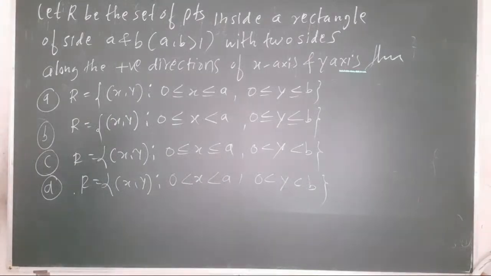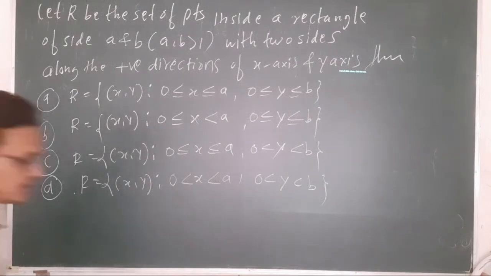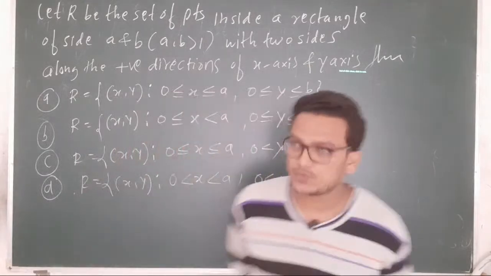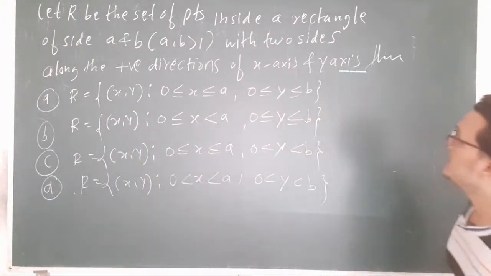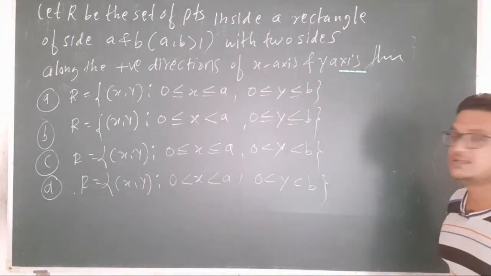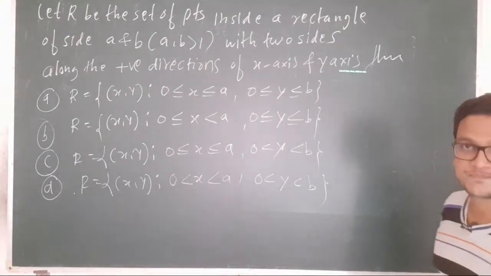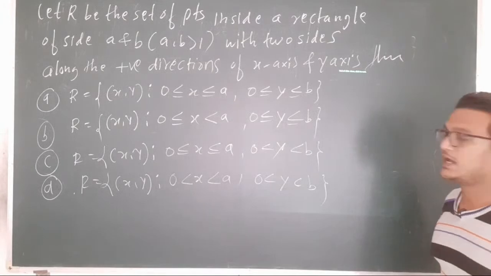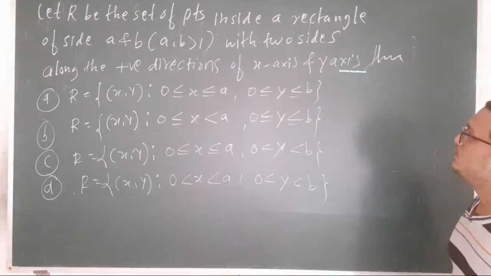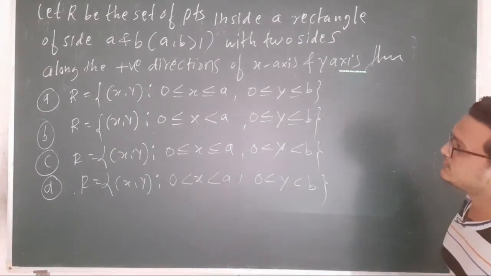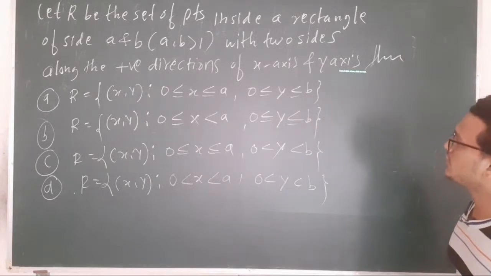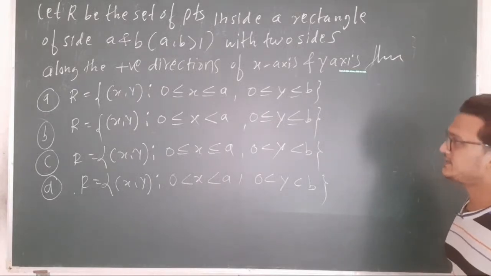Okay, I'll read the question. See, let R be the set of points. R is one set which contains points inside a rectangle of sides A and B, with two sides along the positive direction of the x-axis and y-axis.